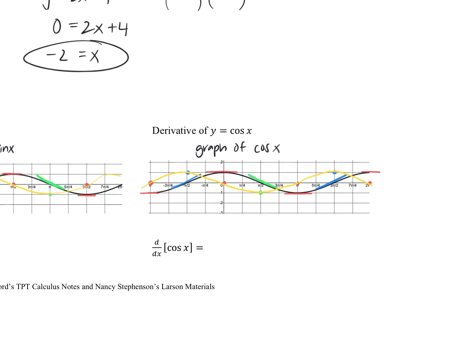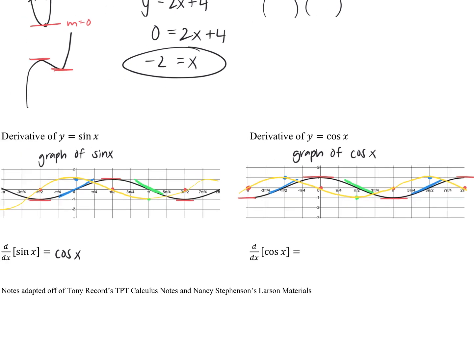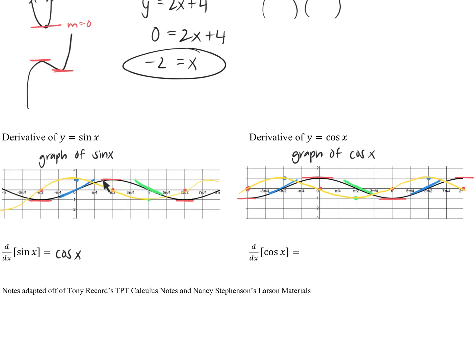What does that look like compared to the sine graph? It's going down first, whereas on your sine graph, it's going up first, right? So what kind of reflection is happening there? Yeah, it's not inverse, but it's flipped over the x-axis, right?